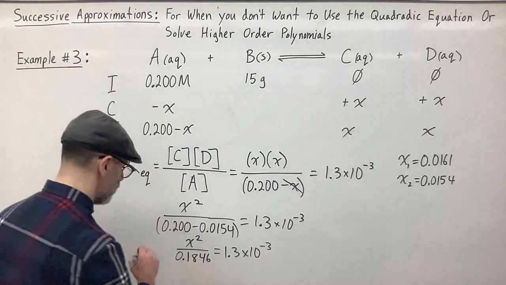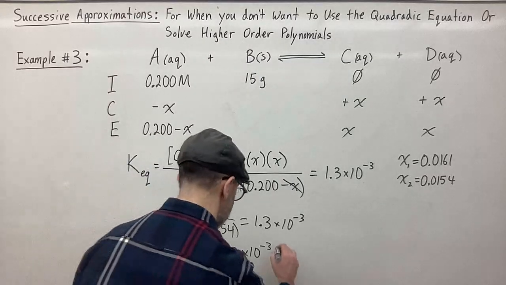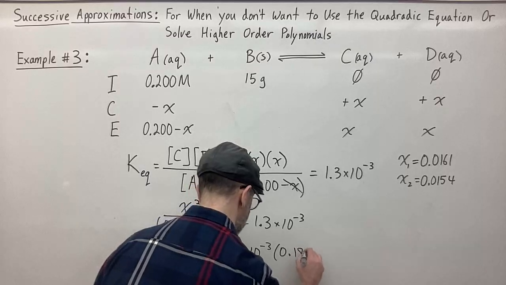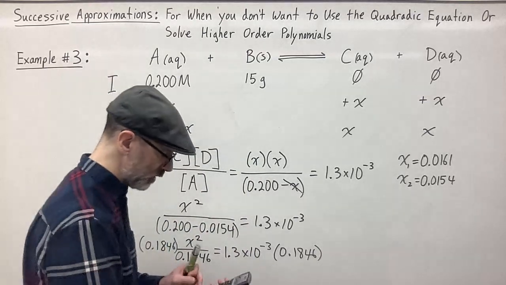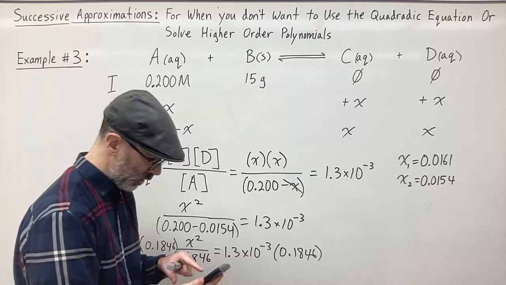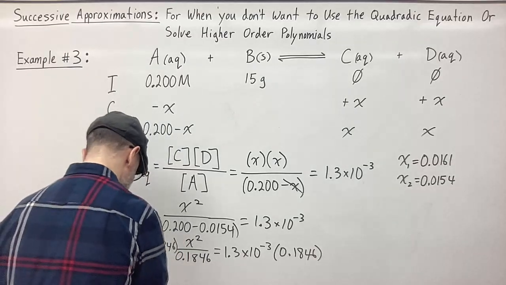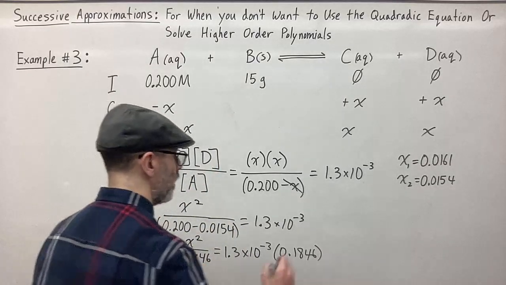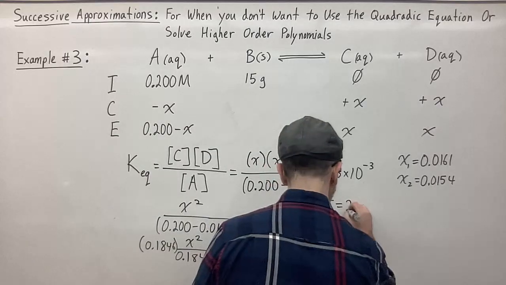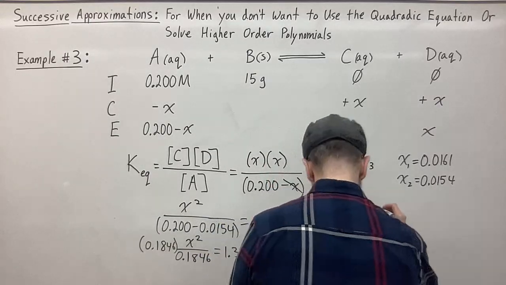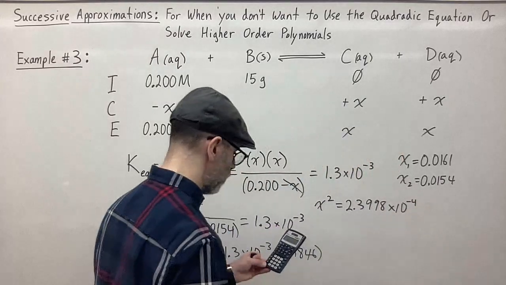So now I'm going to multiply both sides by 0.1846. Okay, so I do that calculation. I multiply by 1.3 times 10 to the negative 3 equals, and I get x squared is equal to 2.3998 times 10 to the negative 4.